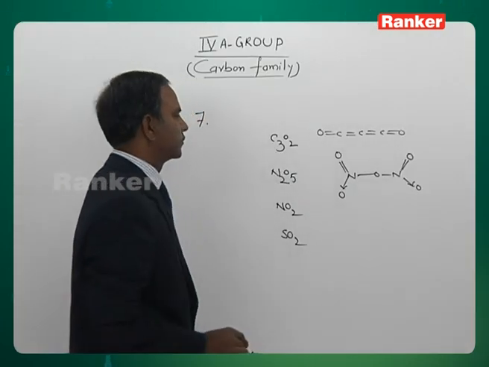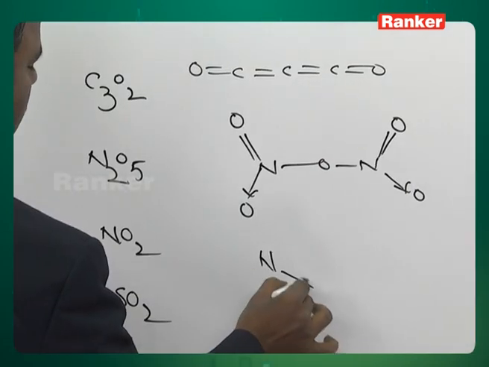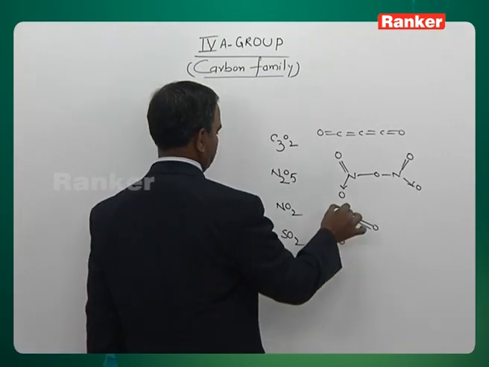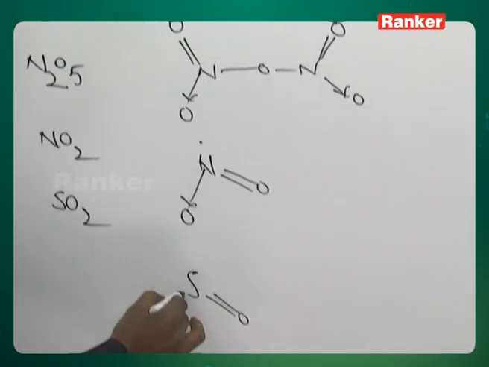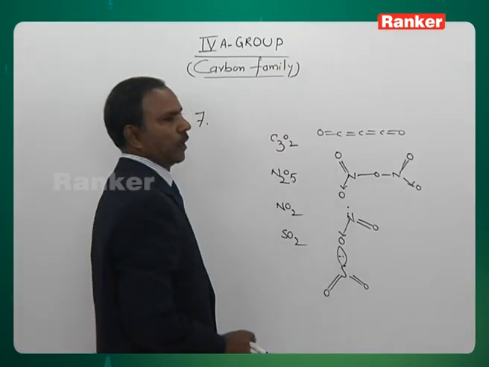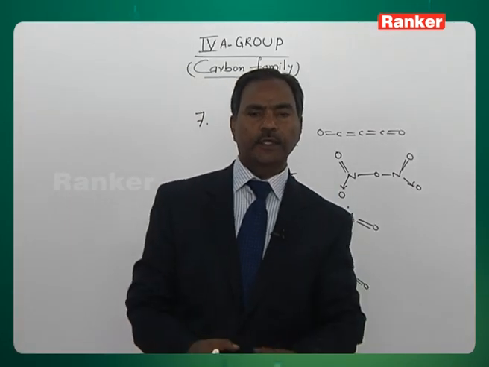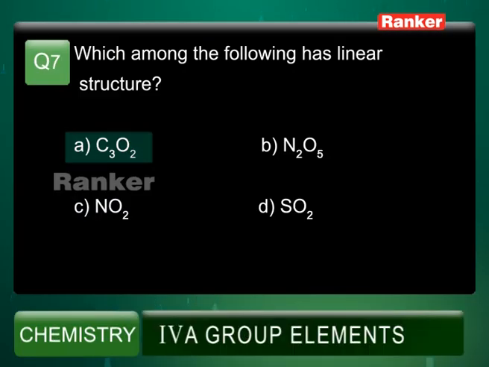NO2 is actually angular, and SO2 is also angular. Among all these, you can easily understand that carbon suboxide, C3O2, is a perfectly linear molecule. Therefore, question number 7, the answer is A.